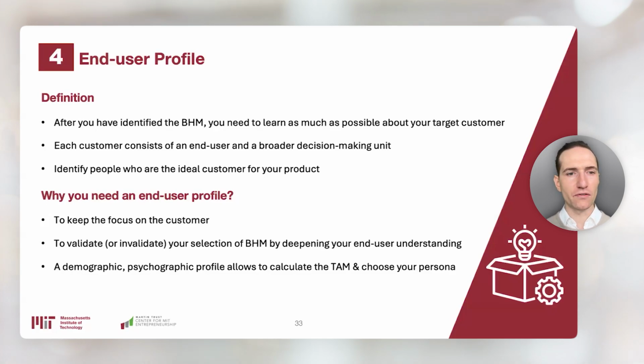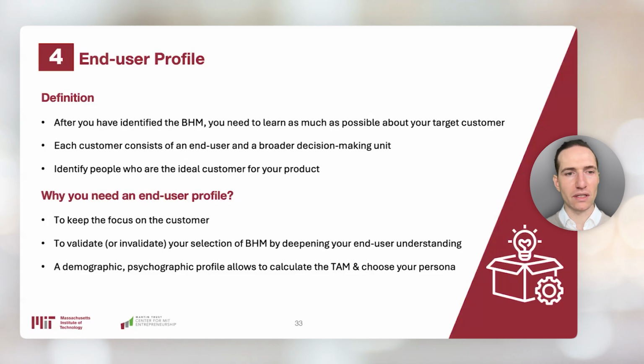So first of all, you make sure that you understand the whole decision-making unit within the company. That means you need to understand who is your end user, who's using the product, who is the economic buyer, who is buying the product, who are the influencers, and what other people or parties are involved in the decision-making process when it comes to the company purchasing your product.